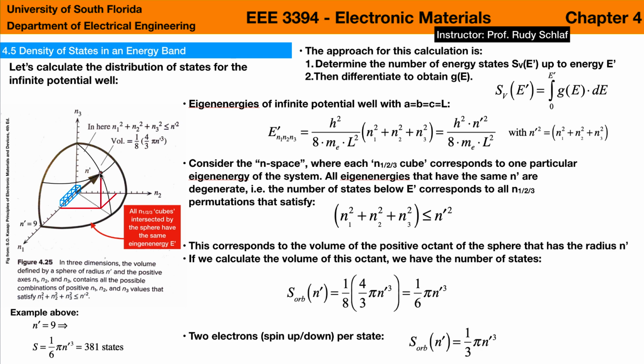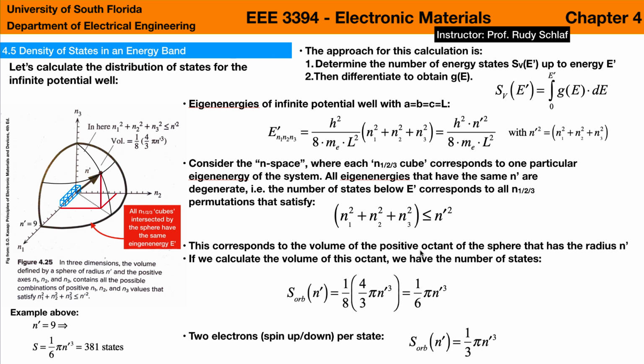That means that all cubes that are intersected by this sphere that is defined by the radius n prime have the energy E prime. Therefore, if we want to know the number of states that are below E prime, all we have to do is calculate the volume of this sphere and take 1/8 of it, because we have only positive quantum numbers.